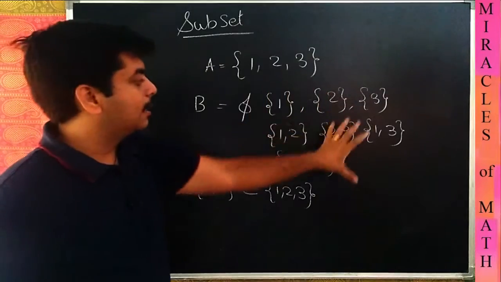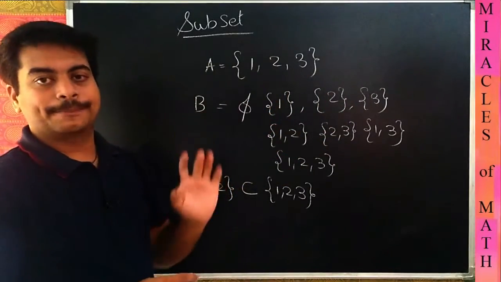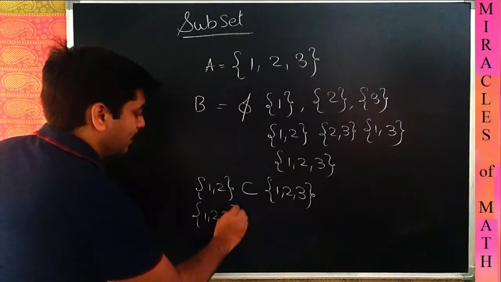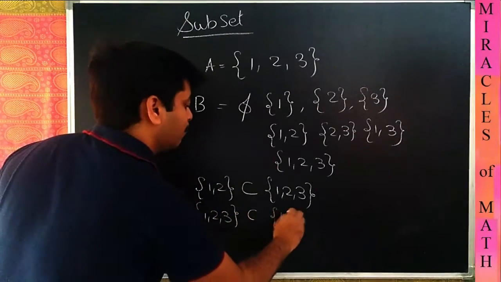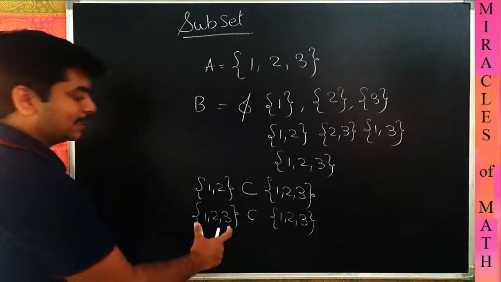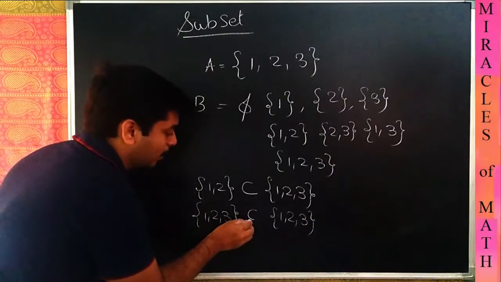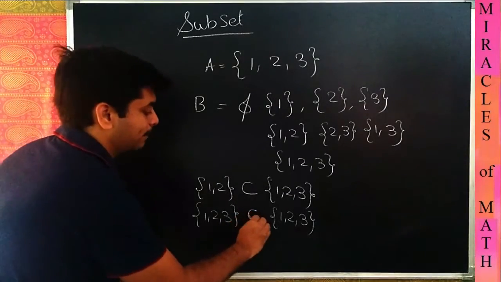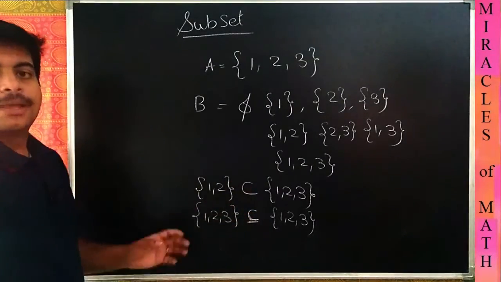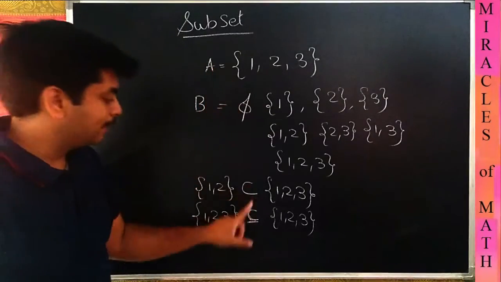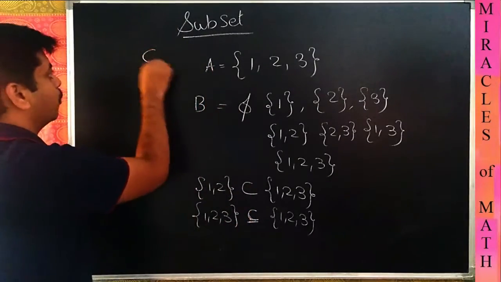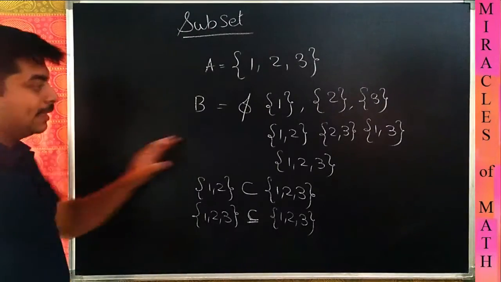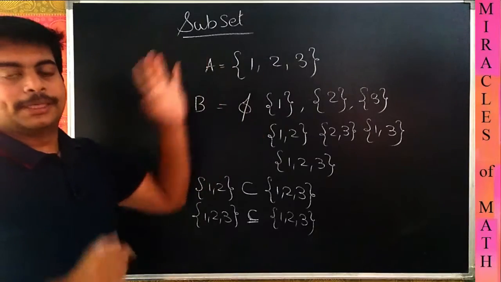All these are subsets of the given set A. I can also write {1, 2, 3} is a subset of the same {1, 2, 3}. As these two are equal, we also keep an equality here in this way. So this is the actual symbol for subset. When I'm talking about all the subsets, we represent with this format. All these are subsets of A.